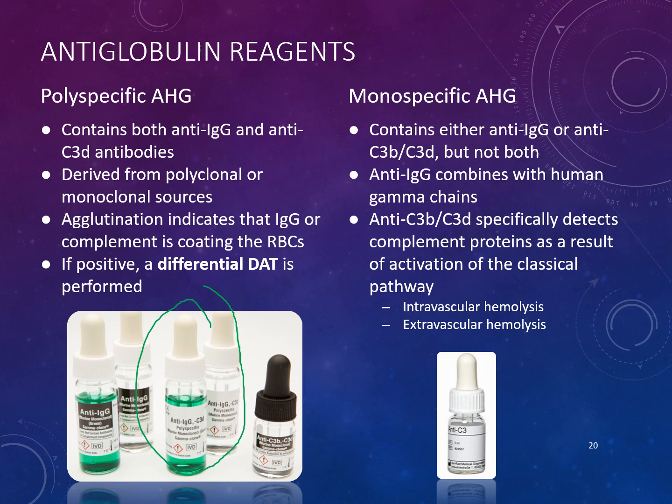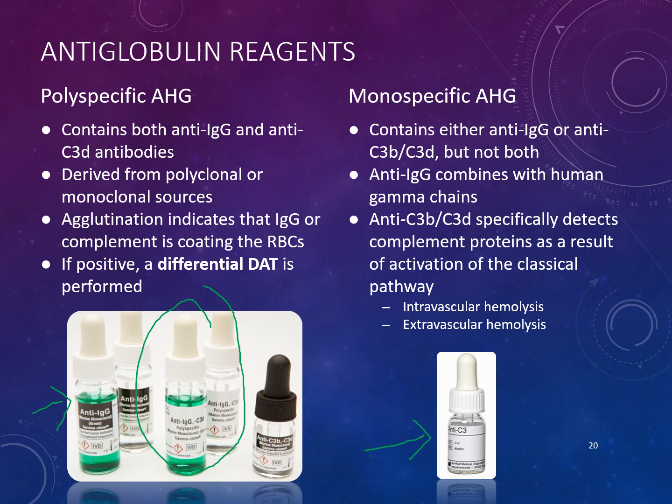So polyspecific, poly meaning multiple, and then monospecific, where you just have the one particular antibody that it's targeted against. So you can see these reagents here that have just IgG present. And over here you have this reagent that has just the C3 present.